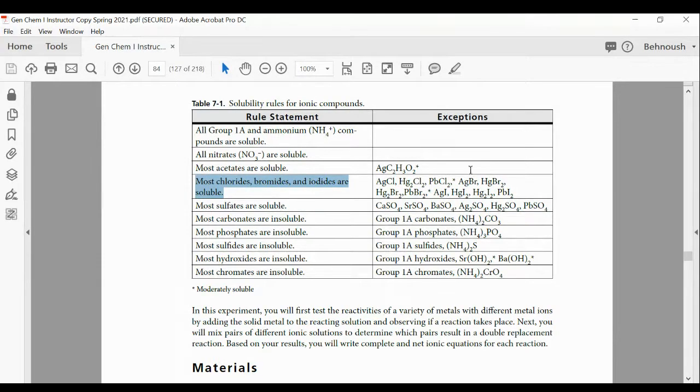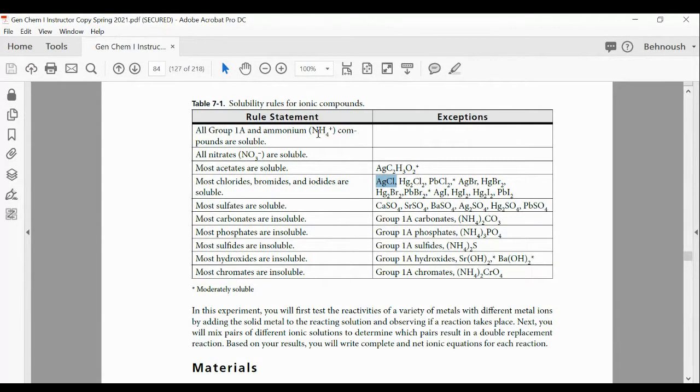If you look at the exceptions, it says except silver chloride, mercury chloride, lead chloride, and the other examples that you have here. We know that silver chloride is in the exception part, and that they are mostly soluble except these, so we know silver chloride is not soluble.